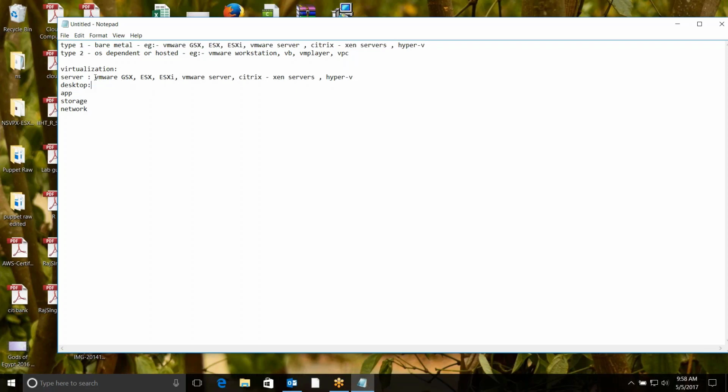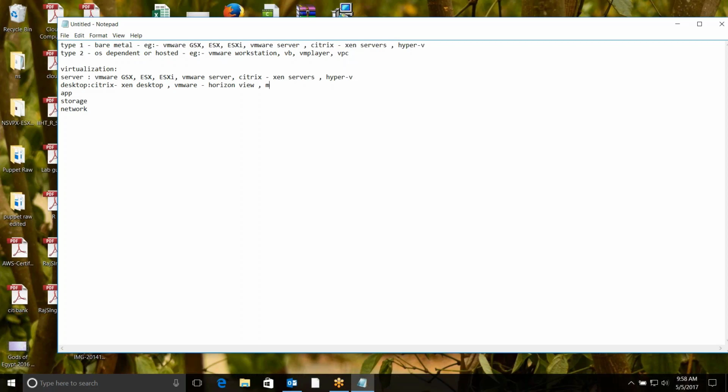In addition to these tools, when we talk about desktop virtualization, Citrix provides you with Xen Desktop. VMware provides you Horizon View.